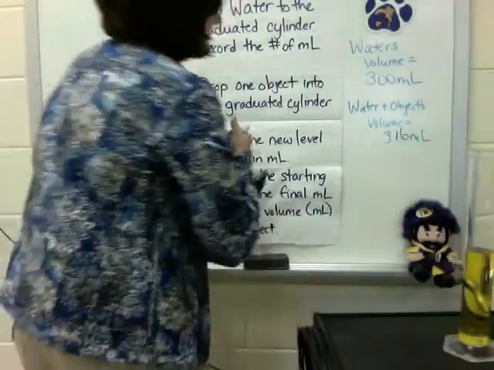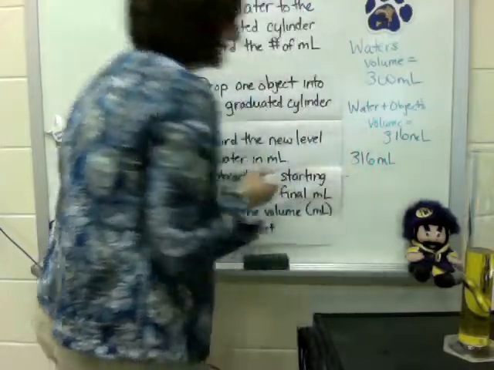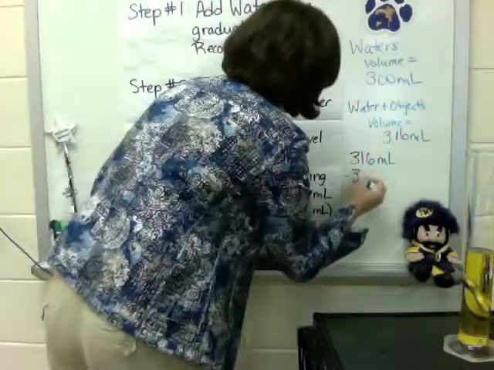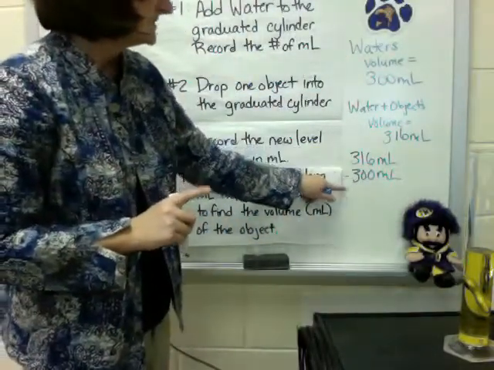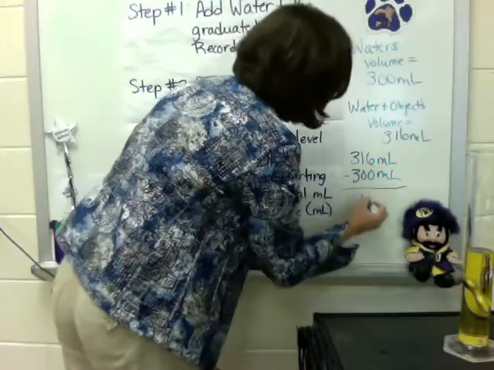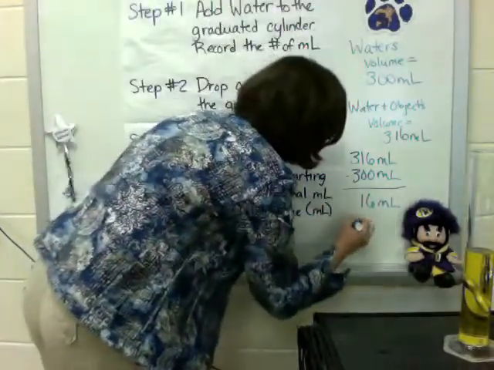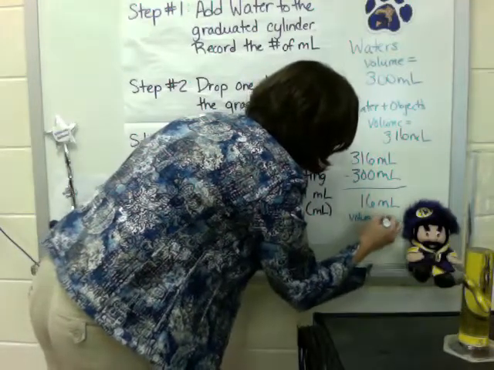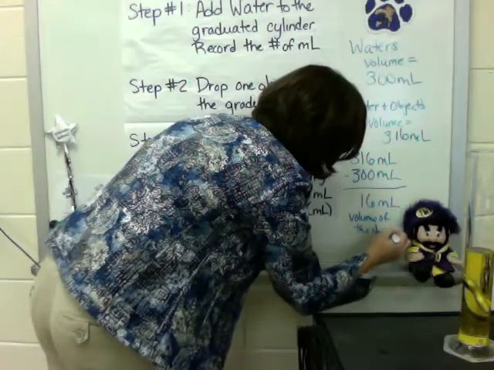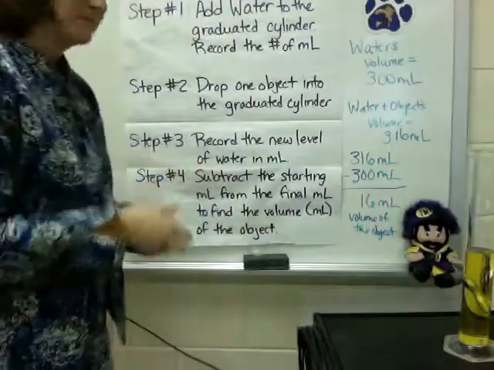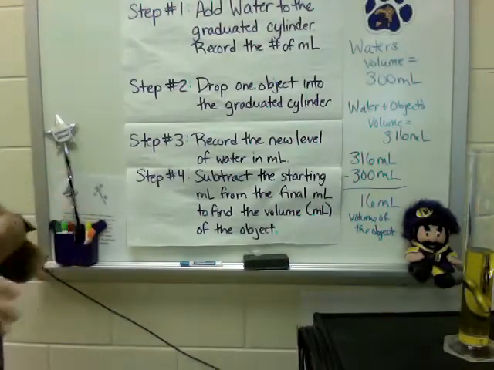So we're going to go 316 milliliters minus 300 milliliters. So the water and the object minus the volume of just the water tells us that the object has a volume of 16 milliliters. So the volume of our compass keychain is 16 milliliters.